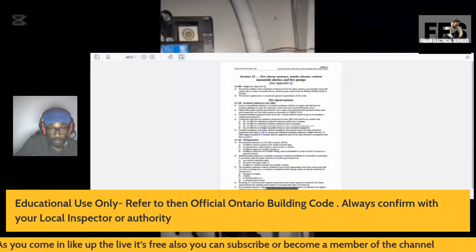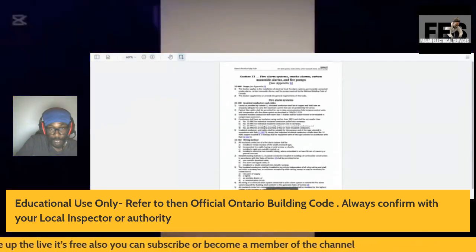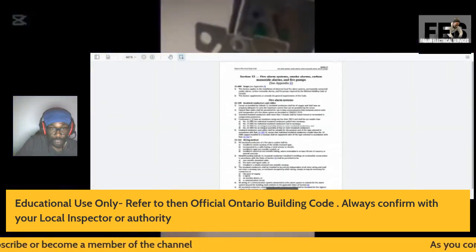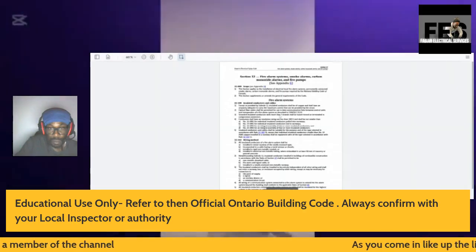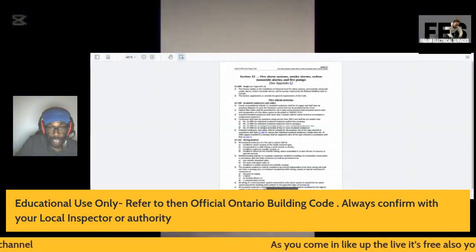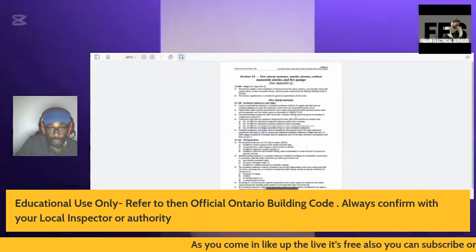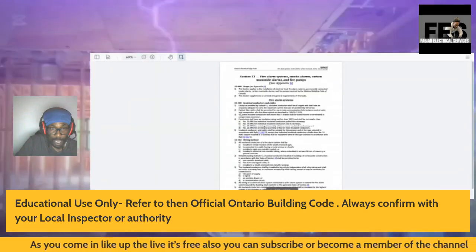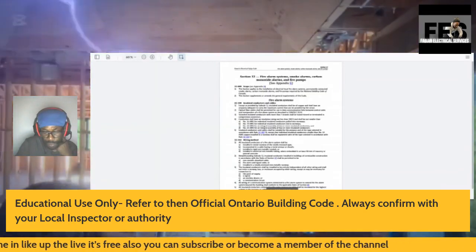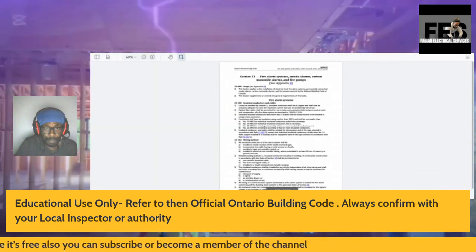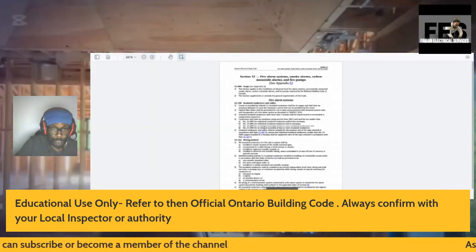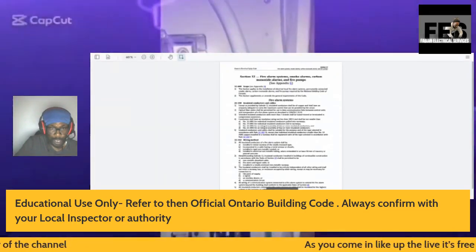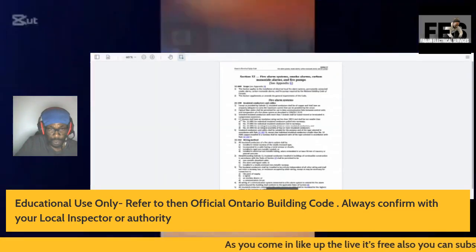Optical fiber cables shall be permitted for use in data communication links between control units and transponders of a fire alarm system, as per ULC-S524. Optical fiber cable is one of those cables that I've seen before. They mostly use it in commercial. I'm not sure if they use it in industrial also.